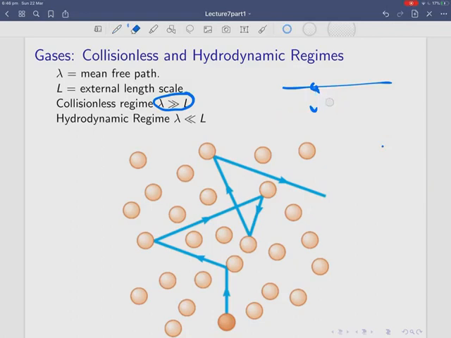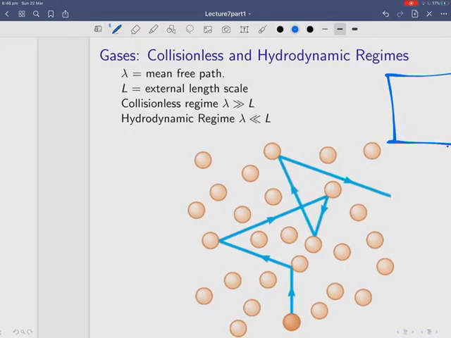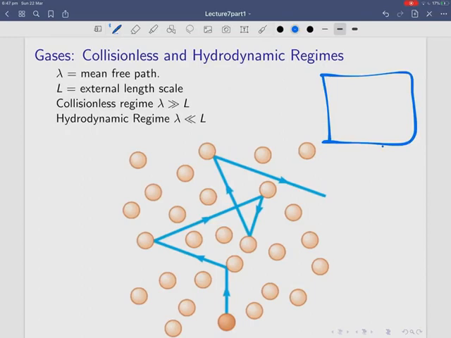Okay, if we have a system which is, for example, in the opposite regime, where you have a mean free path which is very small compared to the size of your box. That's, for instance, true of the gas molecules in a room. The gas molecules in a room, as we said before, let's have a look at nitrogen. They undergo a collision in 95 nanometers, roughly. And of course, most rooms are much larger than 95 nanometers.